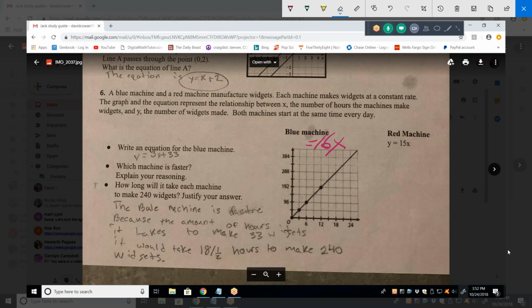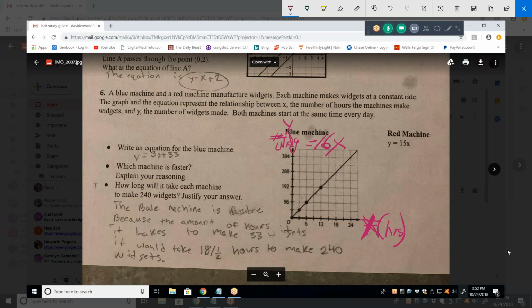It's actually their fault because they didn't label it. But that vertical is number of widgets. This horizontal axis is in time, in hours. So once you label the two axes, now we know this is the y-axis. We can call this the x-axis even though it's in time.